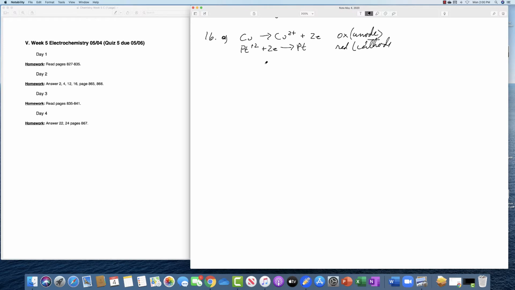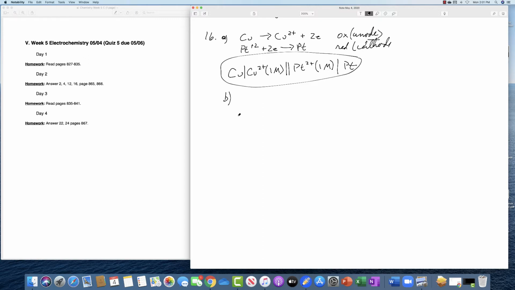Now the notation here is you start with copper, line, copper 2+, and then you put a little parentheses to show that it's 1 molar, and then that represents the division. This is the anode, or the oxidation side, and then platinum 2+, 1 molar, goes to form platinum. And so that is the answer right there.